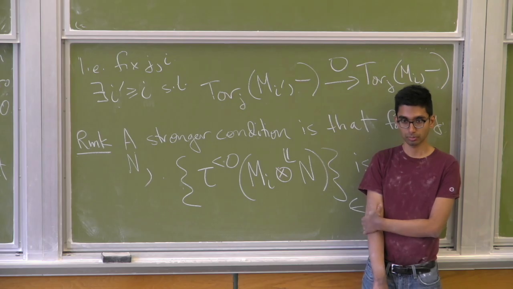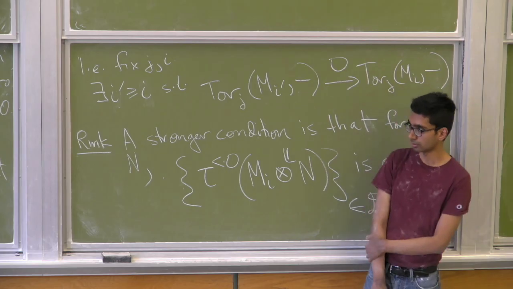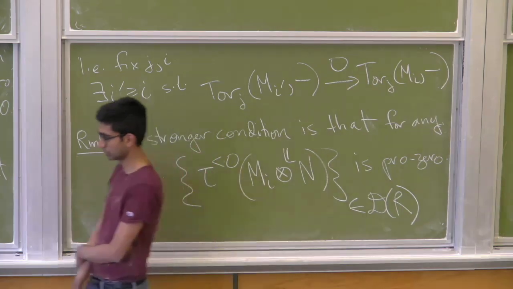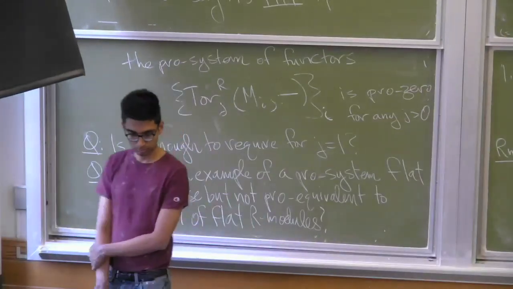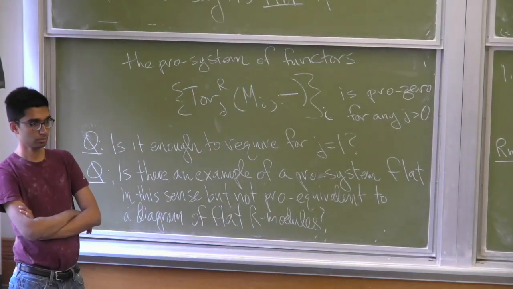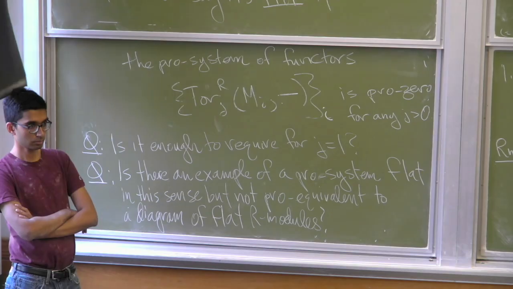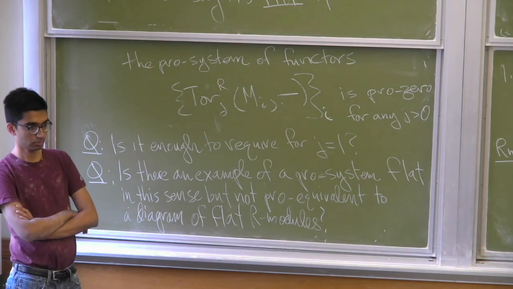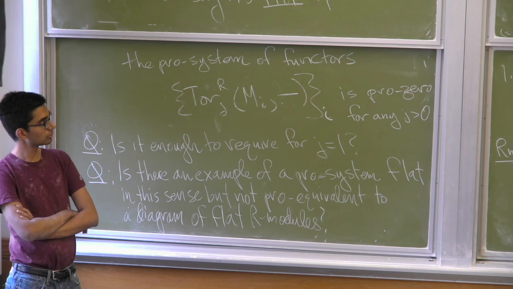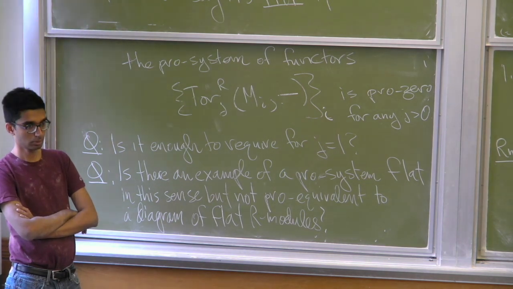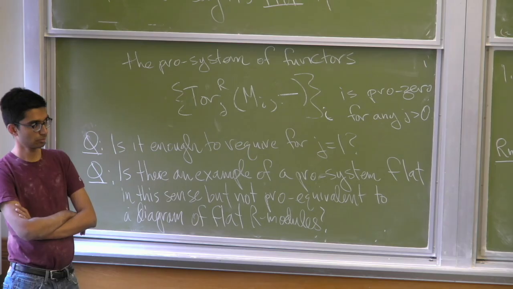We have a question about the previous definition. For individual modules rather than for pro systems, we know that if Tor1 vanishes, then all higher Tors vanish. Yes. And what is the explanation?